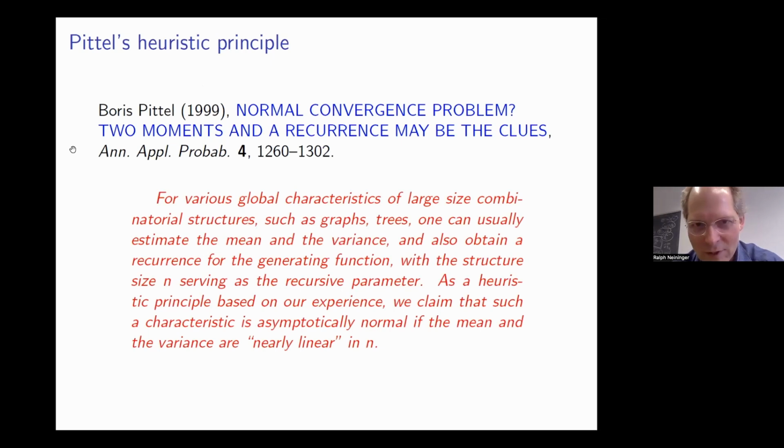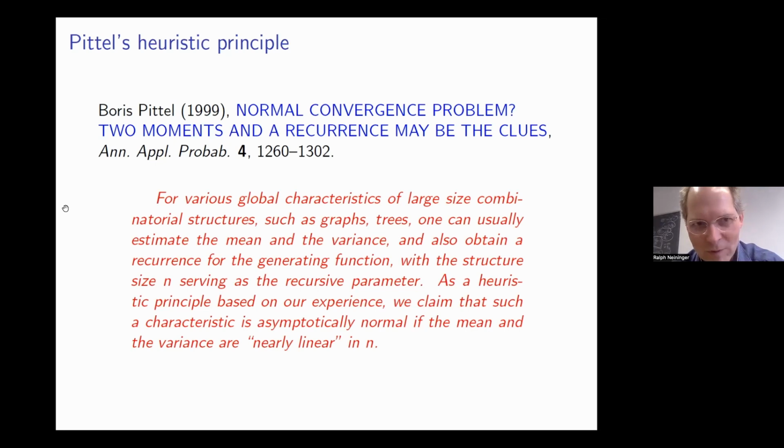For various global characteristics of large-sized combinatorial structures such as graphs, trees, one can usually estimate the mean and the variance and also obtain a recurrence with a structure size n serving as the recursive parameter. As a heuristic principle, based on our experience, we claim that such a characteristic is asymptotically normal if mean and variance are nearly linear in n.